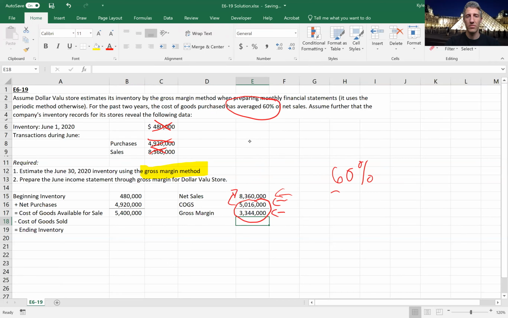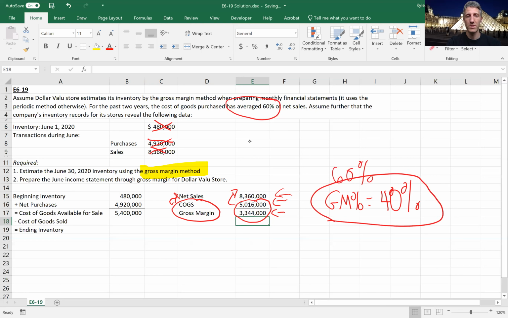Therefore, the gross margin percent here is going to be 40% of net sales. That's because gross margin plus cost of goods sold has to equal net sales. And if cost of goods sold is 60% of sales, gross margin has to be 40%. Okay.